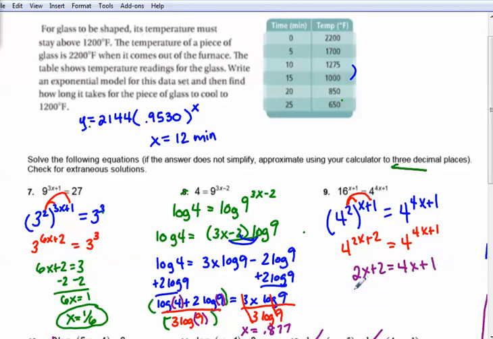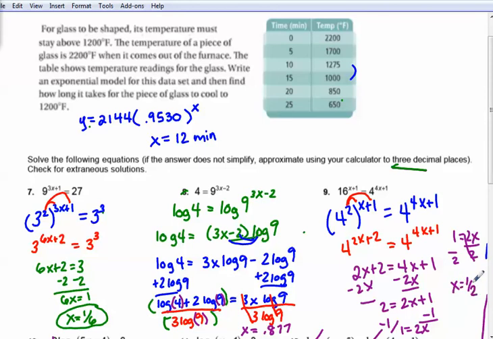And then to solve for x, start by subtracting 2x on both sides. Subtract the 1. So I get 1 equals 2x, and then divide by 2. So I have x equals 1/2.